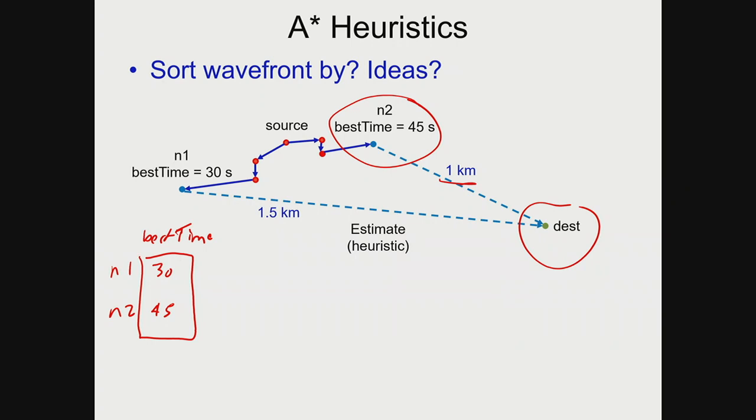It's only 1 kilometer away, whereas N1 is 1.5 kilometers away. So can you think of a way to sort the wavefront where N2 is more likely to be looked at sooner? I'm going to give you a minute to think about that, and then we'll call on you.